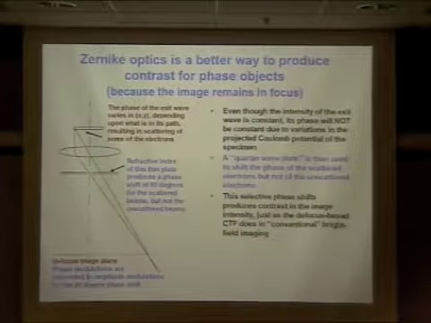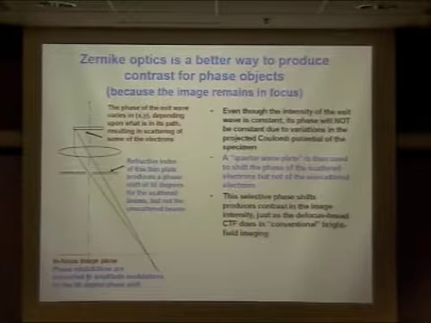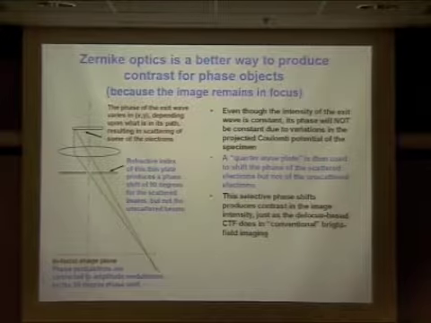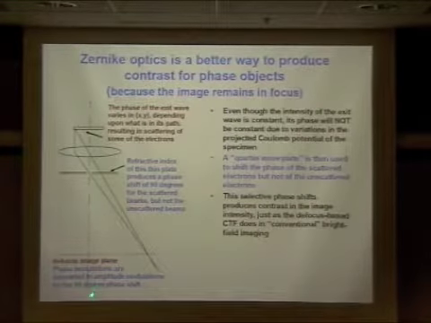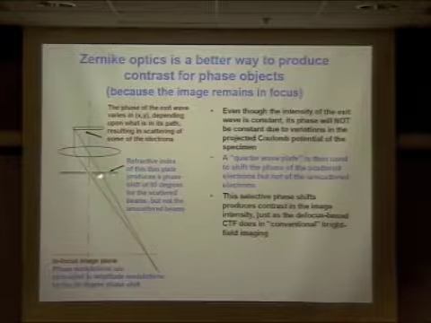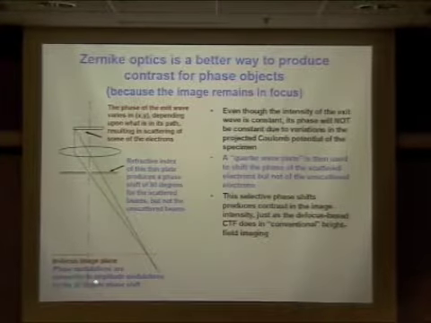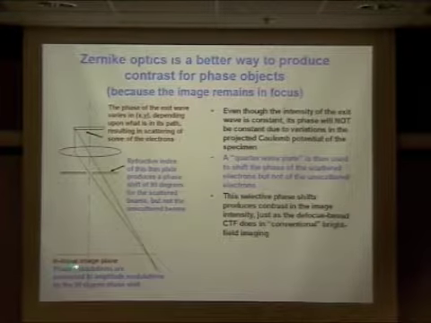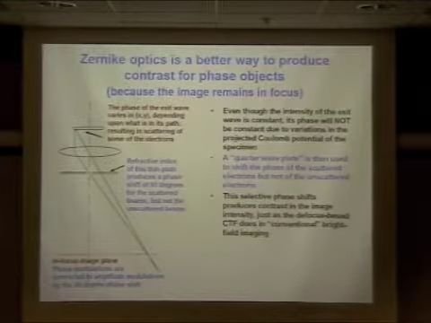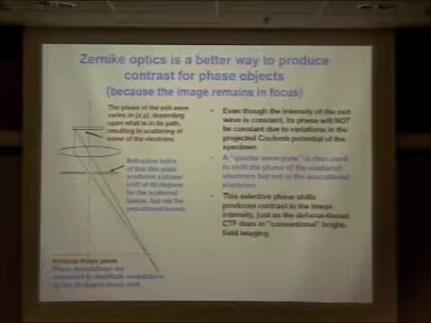Mathematically, we say we have a diffracted wave, and we now multiply it by e to the i gamma. That's a phase shift. The function of the 90-degree phase shift is to convert phase modulations to amplitude modulations.